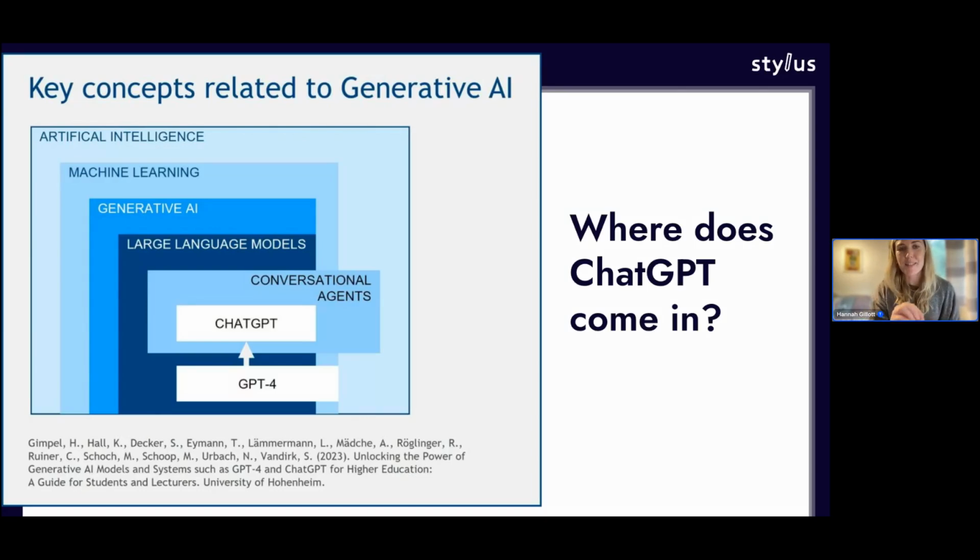And then ChatGPT, which is an example of that. So ChatGPT is one example of a conversational agent, and there are many more out there. And then ChatGPT 4 is a particular release of ChatGPT. We've since got GPT 4o, which is even newer.